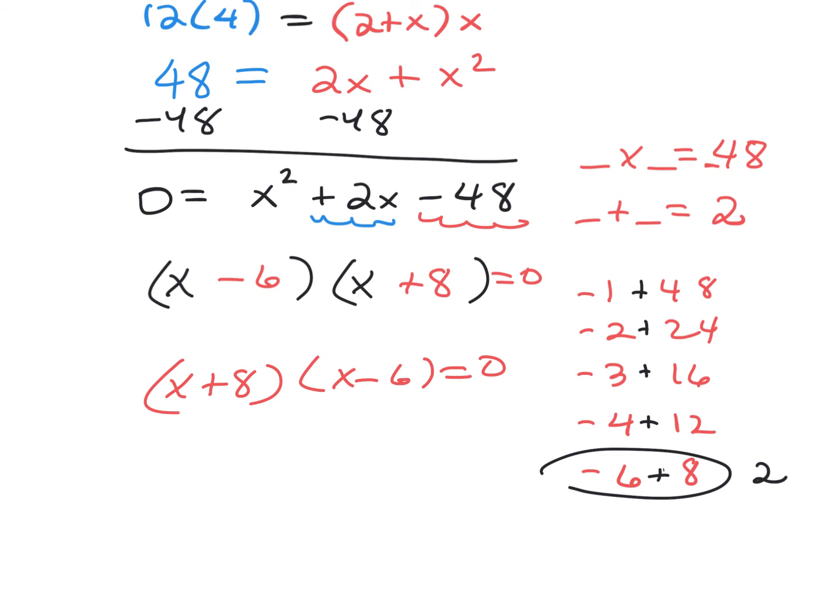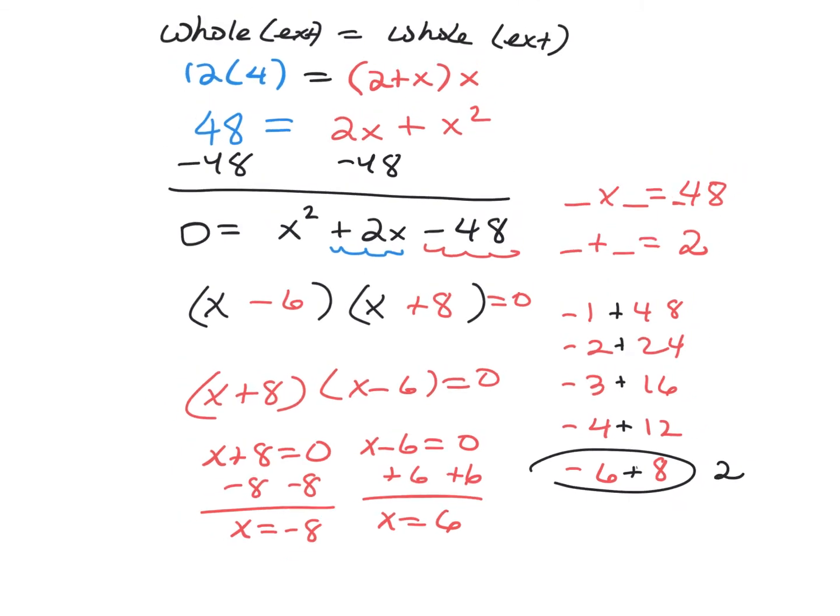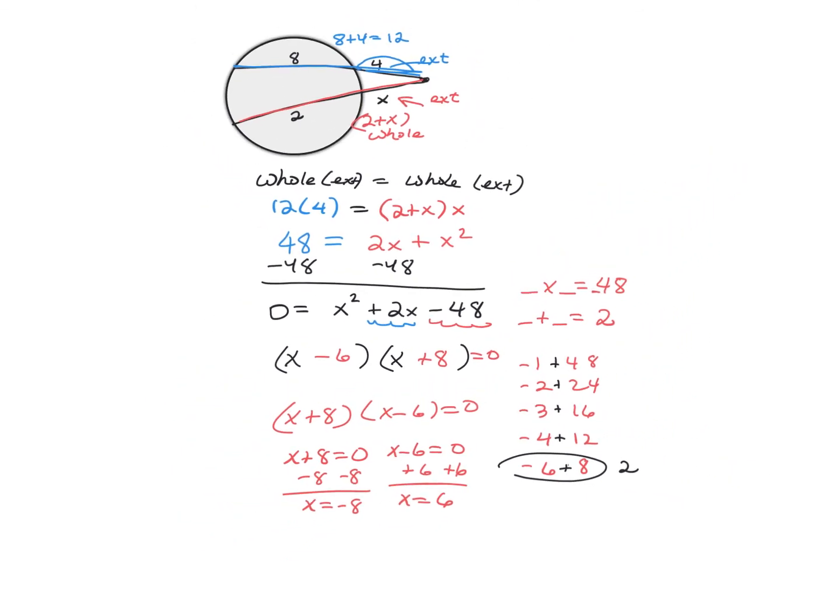Now, we're not done here because we needed to find the value of x. So what we need to do is take each of the factors, set them equal to 0, and solve for x. x equals negative 8. x equals 6. Again, you're going to go back up there and see if it makes any of the secants negative.